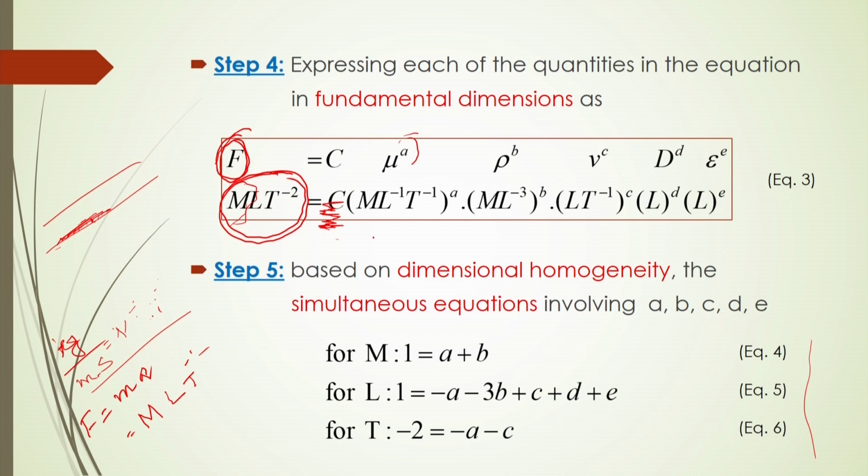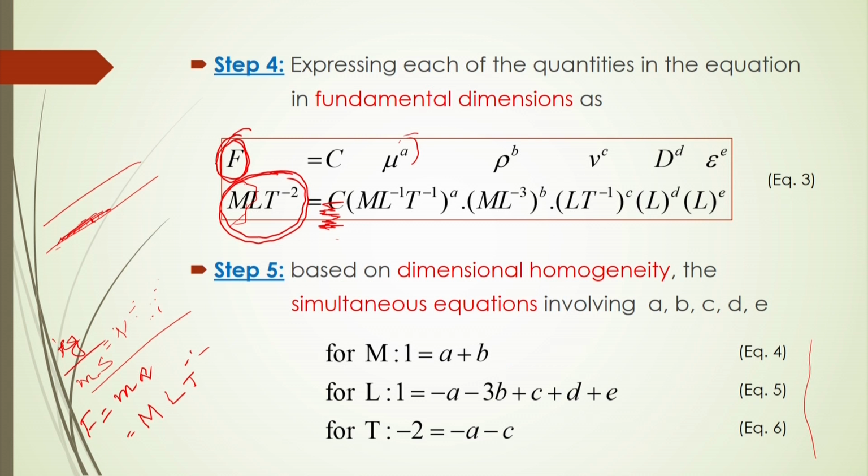On the right hand side, what will be the power of M? You get M to the power a, that means a is the power of M, and here again the power of M is b, with no other power. So, it will be only a plus b. So, 1 will be equal to a plus b.